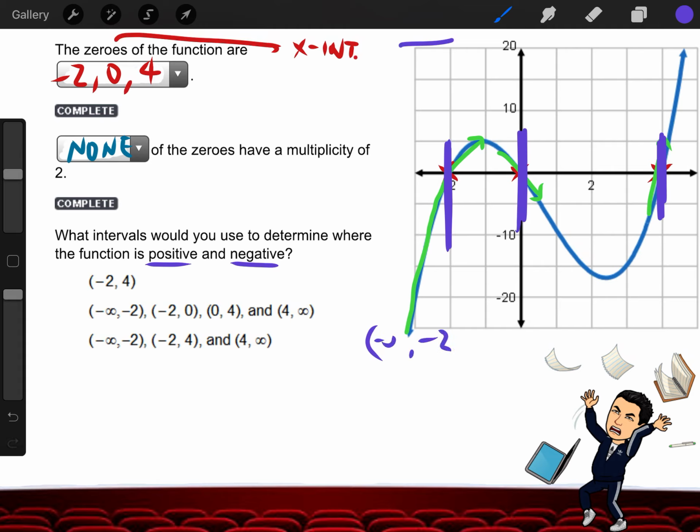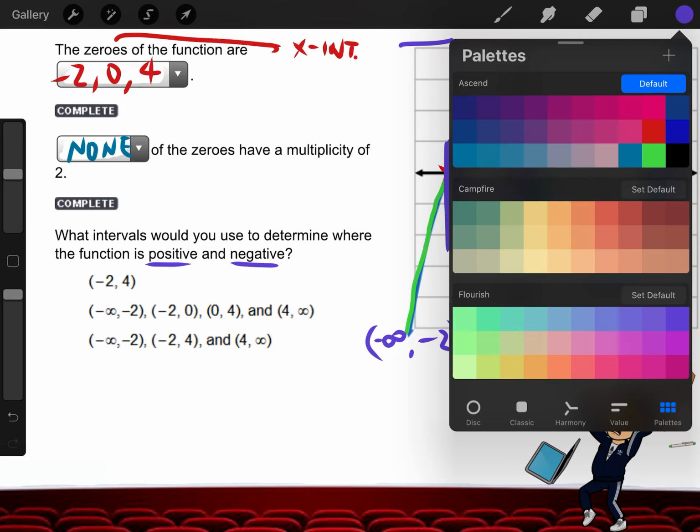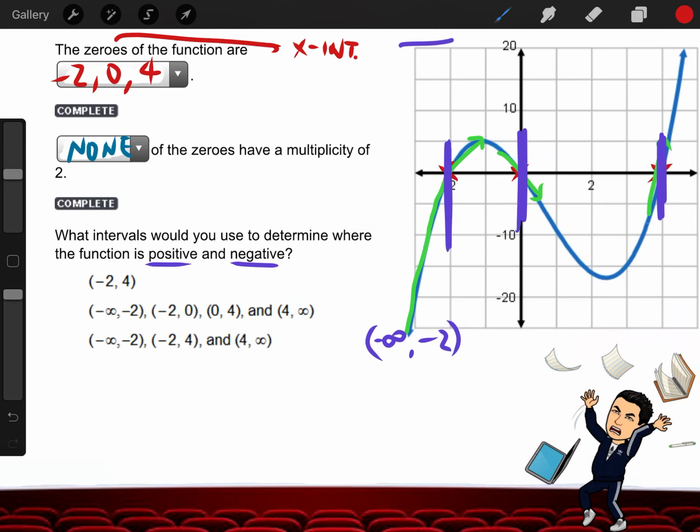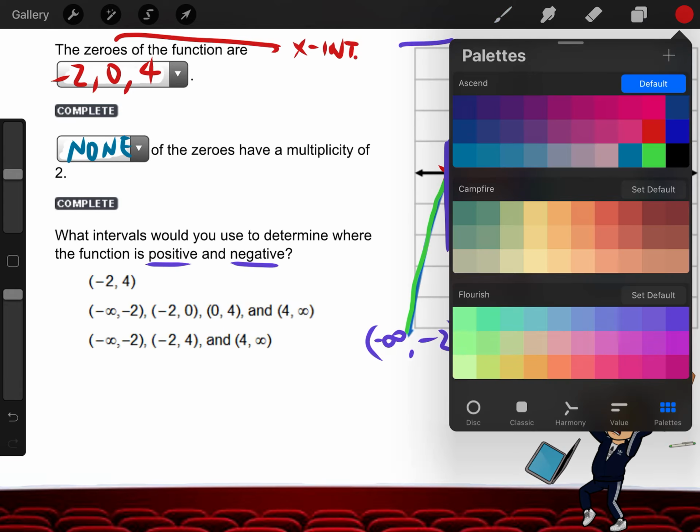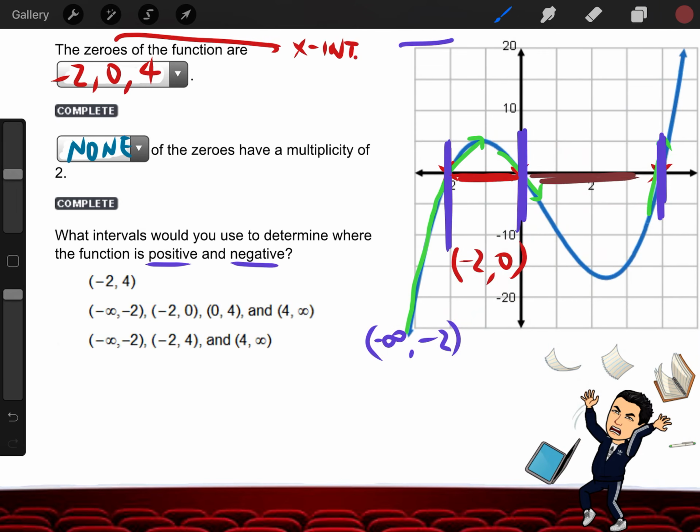For this part right here, it's going to be negative 2, comma, 0. Let me use a different color. For this part, it's going to be 0, comma, 4. The last part toward positive infinity is going to be 4, comma, positive infinity.